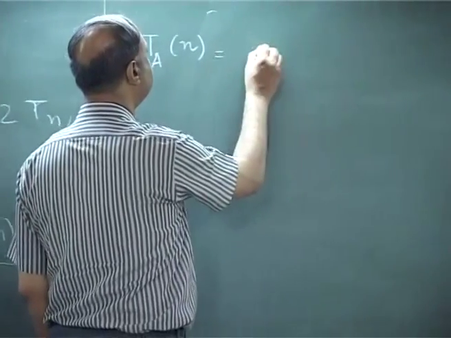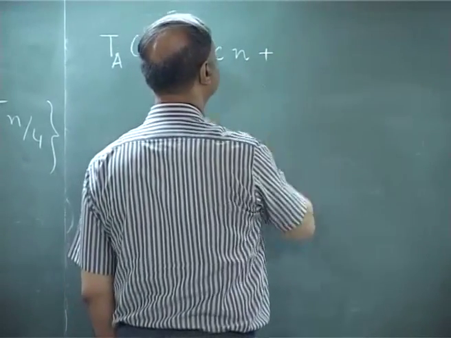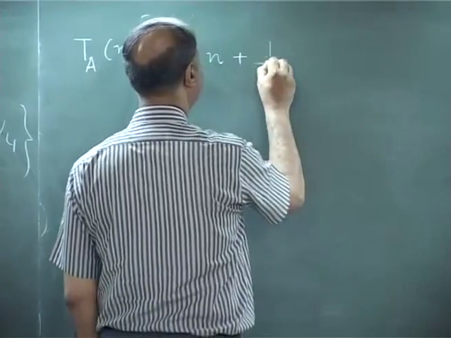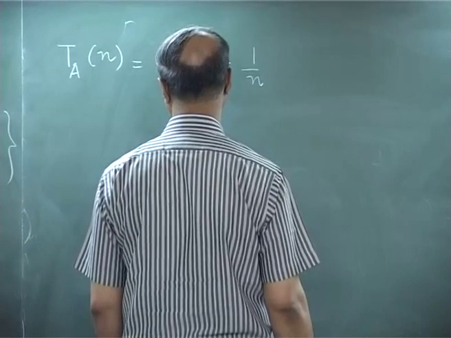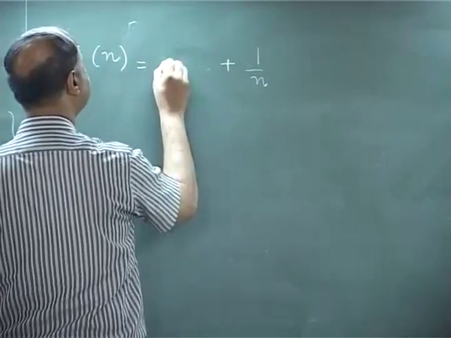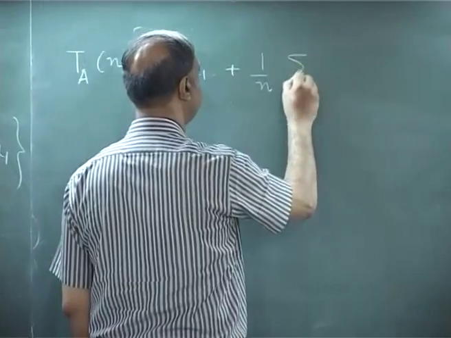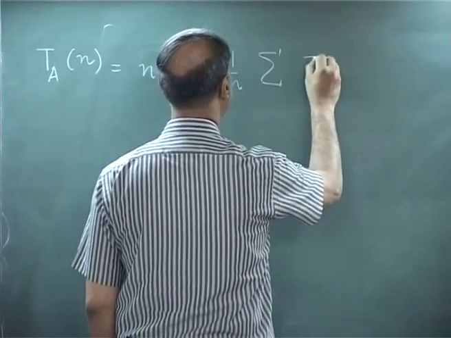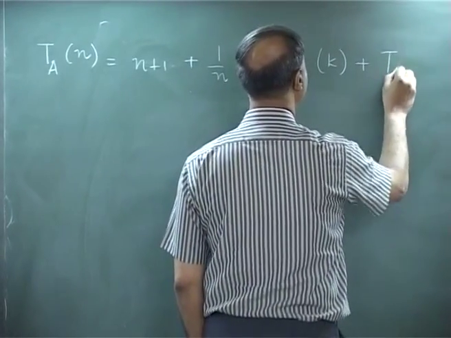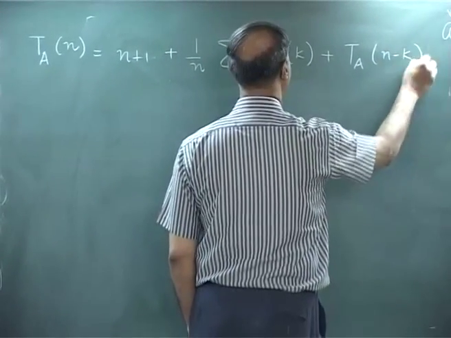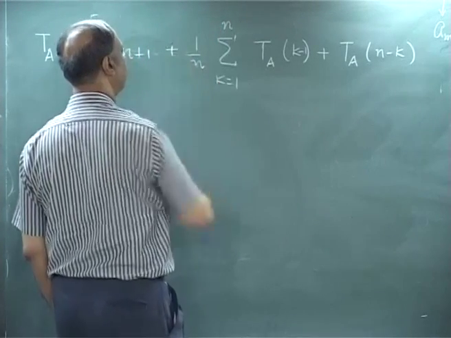This is nothing but Cn, the time for the partitioning, plus 1 by n, actually to be exact it is n plus 1, summation of TA(k minus 1) TA(n minus k), k is 1 to n.